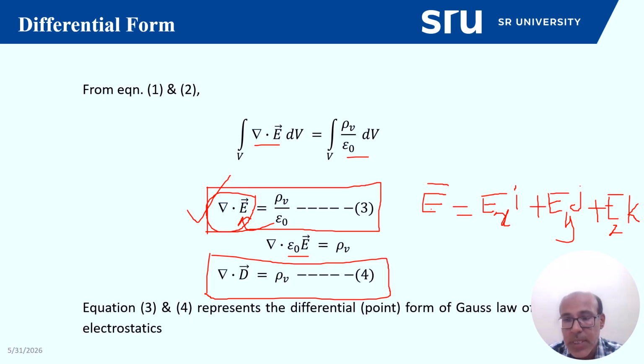That Gaussian surface can be a spherical, a cylindrical, or a cuboid type of surface, onto which we consider an elemental surface, and then we integrate. Once we integrate, we'll get the total electric field due to that type of charge distribution, be it line, surface, or volume. So that's the advantage of the Gauss law of electrostatics.